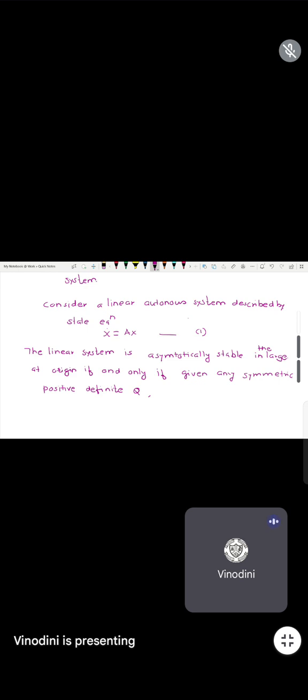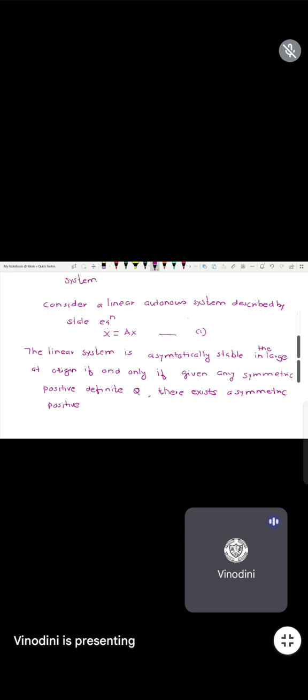Given any symmetric positive definite matrix Q, there exists a symmetric positive definite matrix. ये Q तुम्हारे पास है तो दूसरा आ जाएगा. दूसरा क्या है?